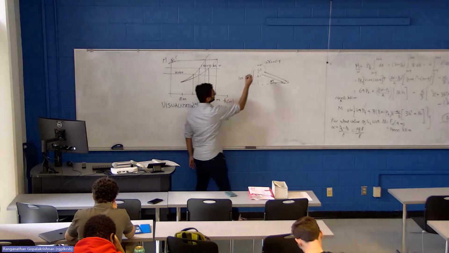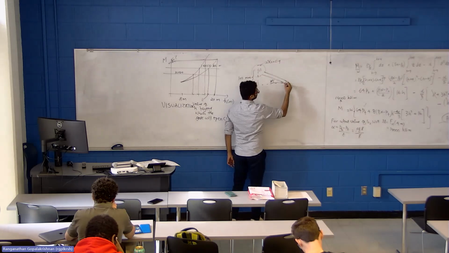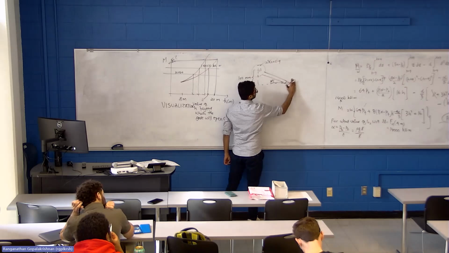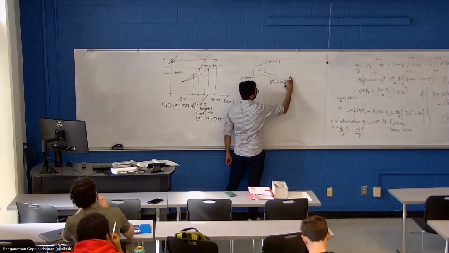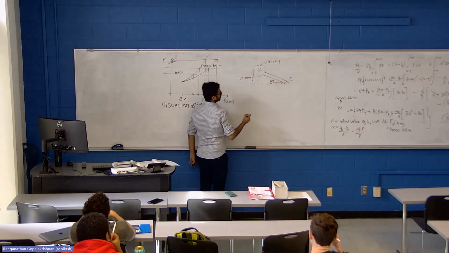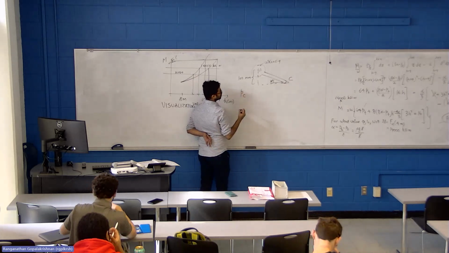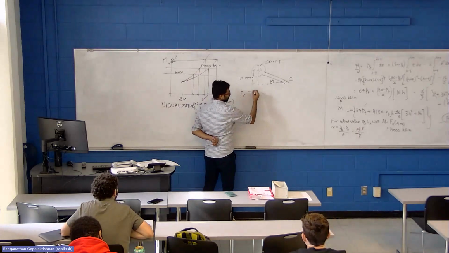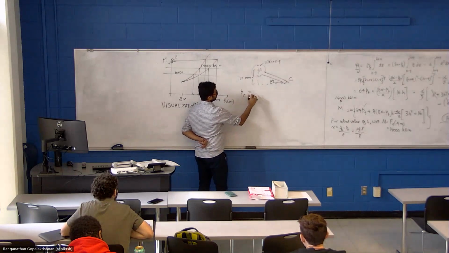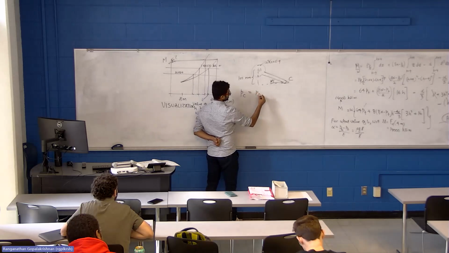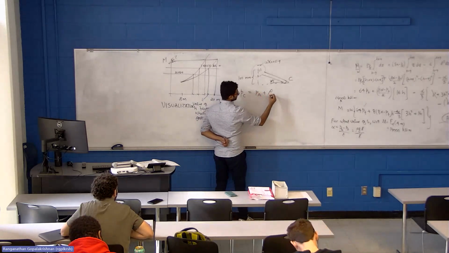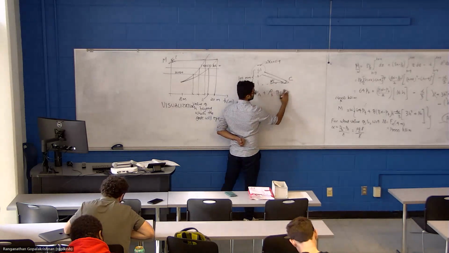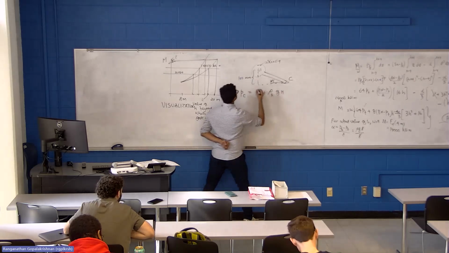If this is PA, what is the pressure at this point? We'll call it C, because we already have a B. The pressure at point C is equal to the pressure at point A plus the density of the first fluid multiplied by g multiplied by the height, H1.